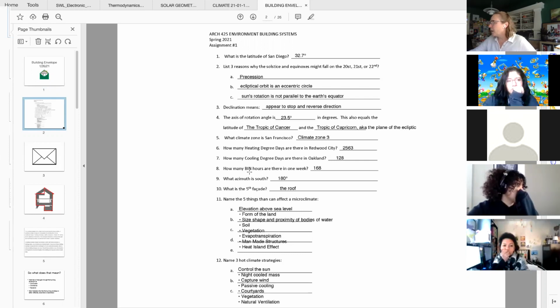Don't get confused about the 1 week, which is 7 days at 24 hours, which is 168, and it's not the full year. It was purposely a little tricky to make you think and read the words.